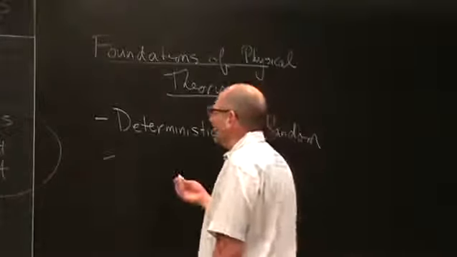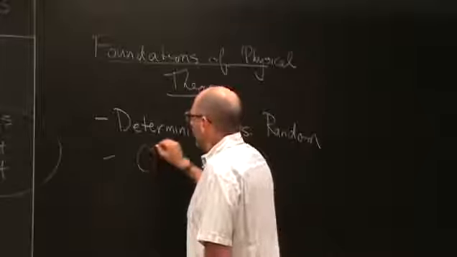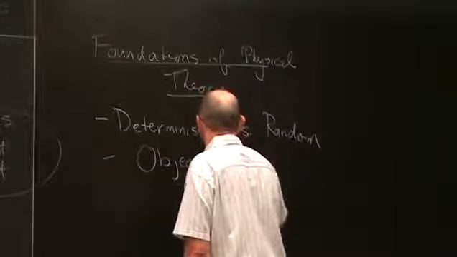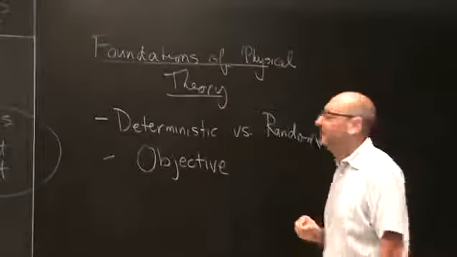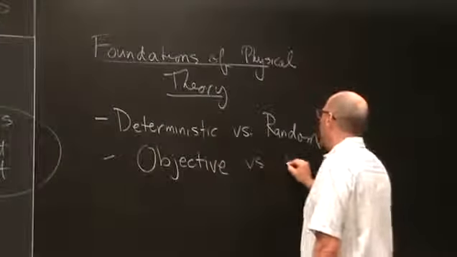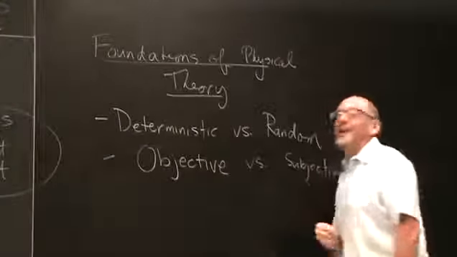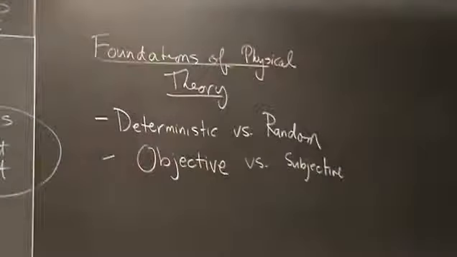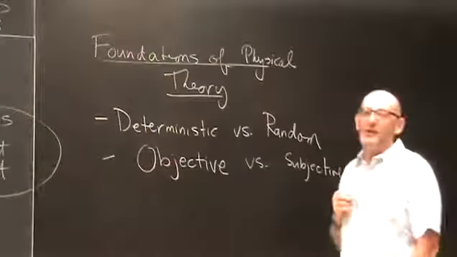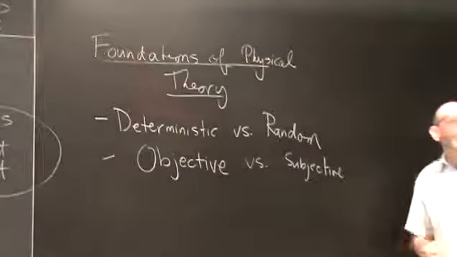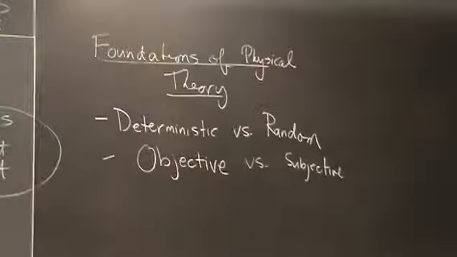We have the question of whether things happen in the world independent of us. Are they objective? Or are we in any way at the center of it? This is a discussion we continue to have, and it continues to be at the heart of our understanding of what we mean by quantum mechanics. Are things objectively real, or in some ways subjectively real?